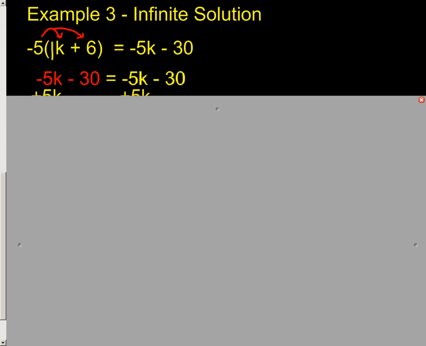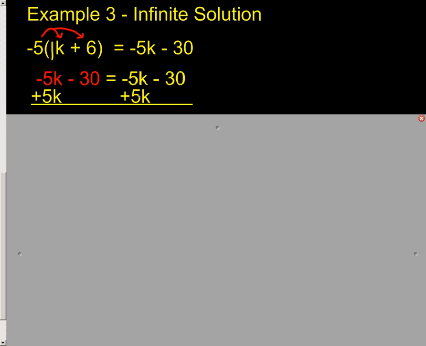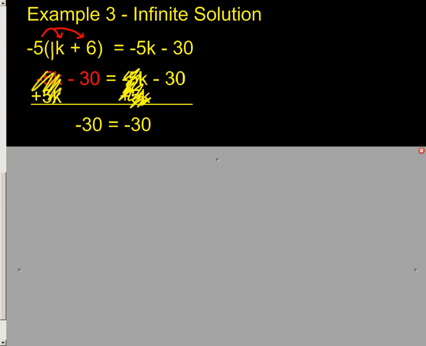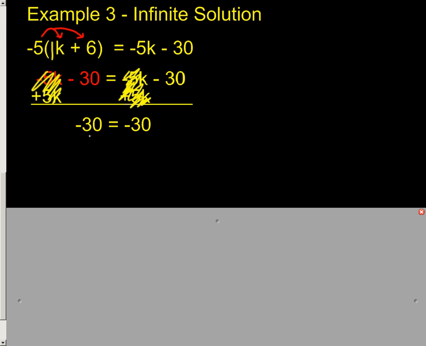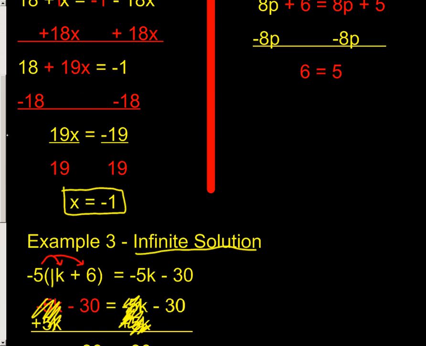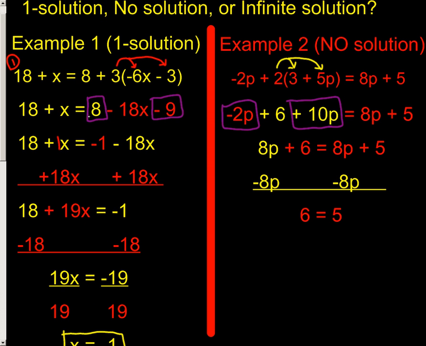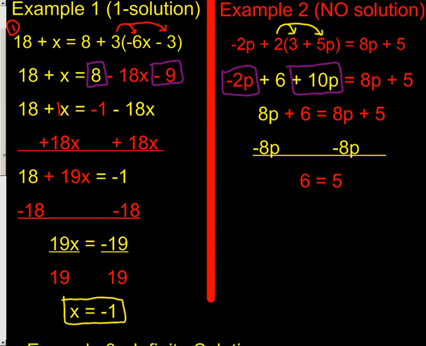Get the variables to the same side of the equation, so we'll add 5k to both sides. Makes it 0, and with me actually scratching that out, you should see negative 30 equals negative 30. When we have no variables and the two numbers left over are actually equal to each other, we call it an infinite solution situation.